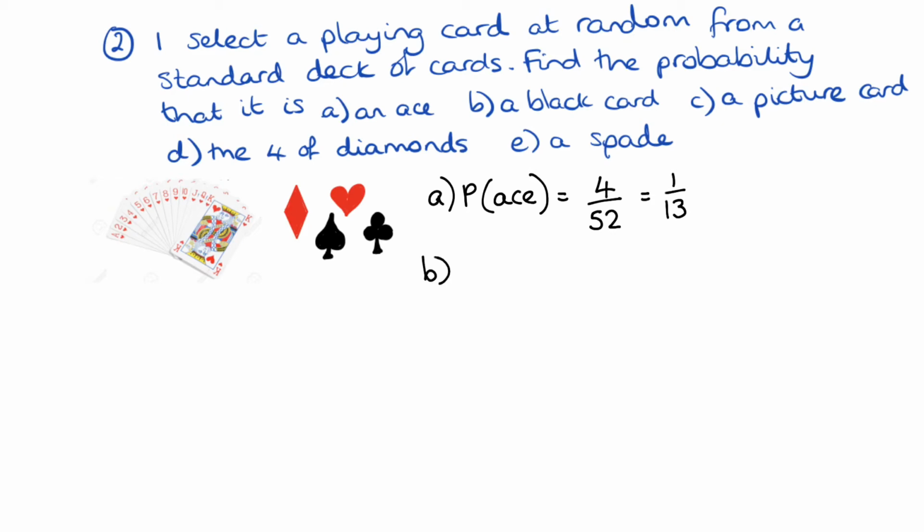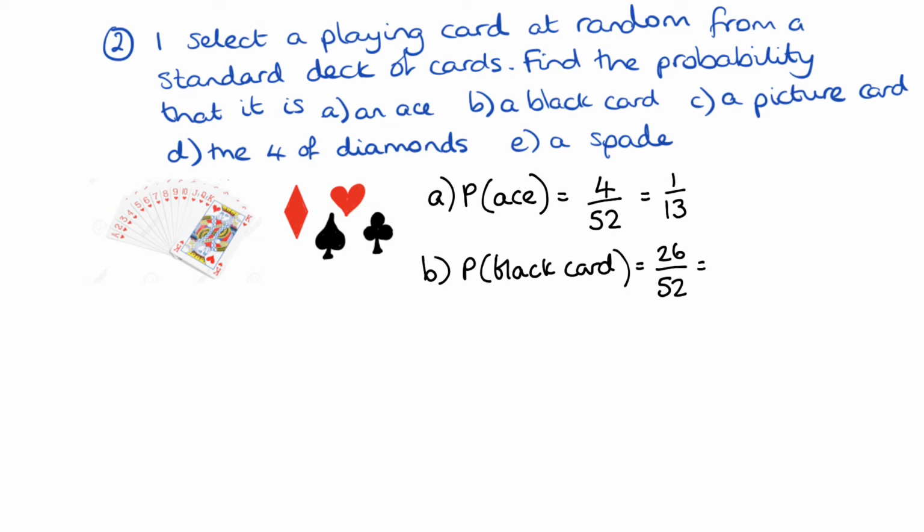Right, next, a black card. There are sometimes shortcuts to working out probability, okay? If we know extra information about the pack of cards, then we can jump to the answer quicker, all right? But let's do it the long way and then we'll show you how you could have done it quicker. So probability of getting a black card. There are still 52 cards in the pack, and the black cards are the spades and the clubs, and there are 13 of each of those, which makes 26 altogether.